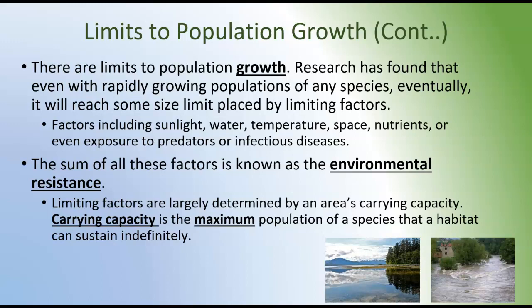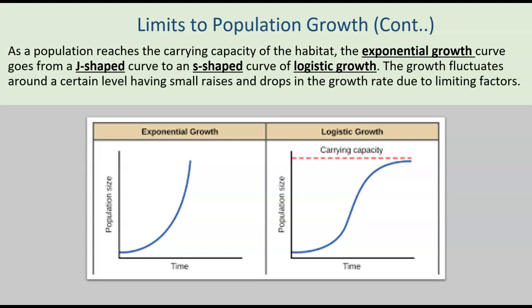So there are some limiting factors. Some of those friends might go home, some of them might stay, but eventually something's going to have to change. Either emigration will occur, meaning your friends will go to a different house, or eventually they will starve. But chances are pretty good they're going to go to a different house with food, or maybe call and order some.